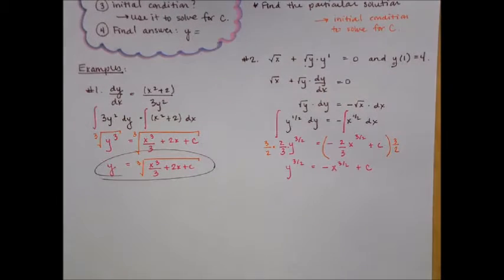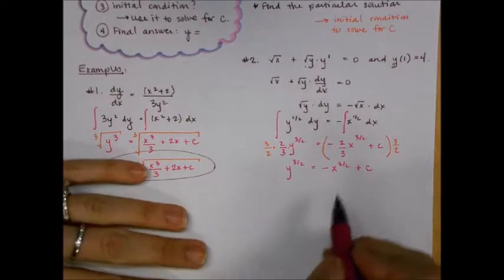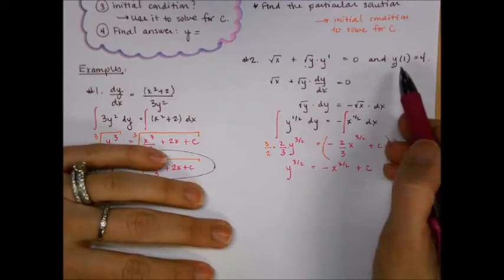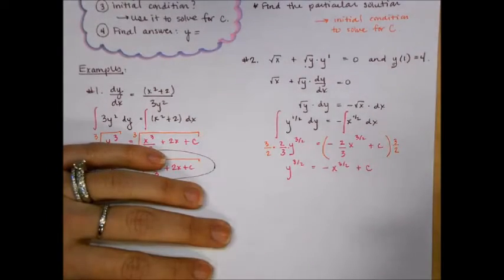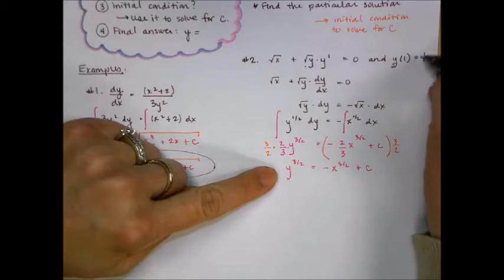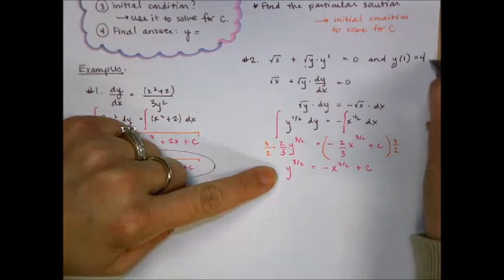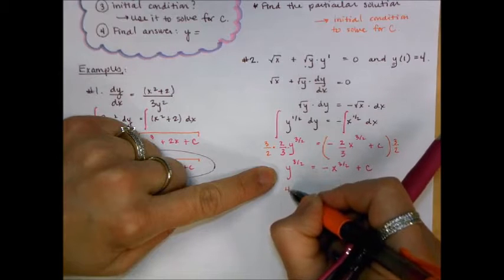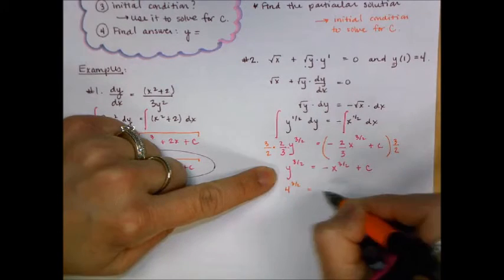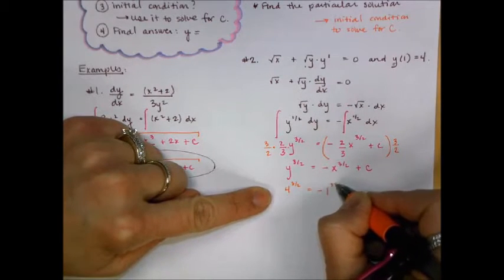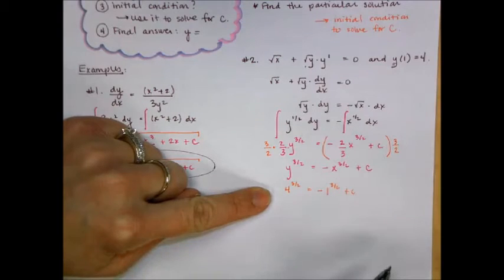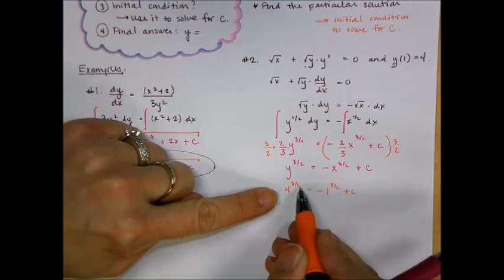So at this step, this would be a good time to plug in the initial condition and solve. So when x is 1, y equals 4. So 4 to the power 3/2 is equal to -1 to the power 3/2 plus c. So this is root 4, 2 cubed is 8.